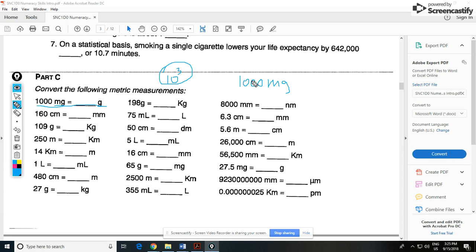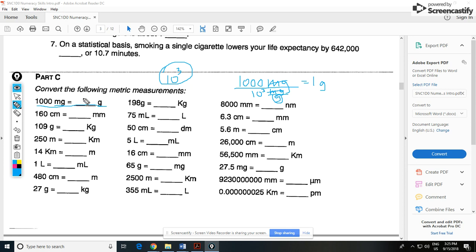And so you're going to divide this 1,000 by 10 to the power of 3, because there's 1,000 milligrams in a gram. The milligrams will cancel out, and you're left with gram in the end. And 1,000 divided by 10 to the power of 3 will be 1 gram.